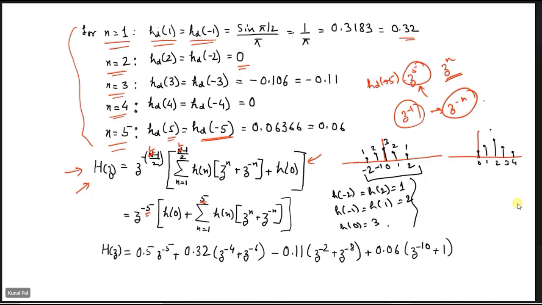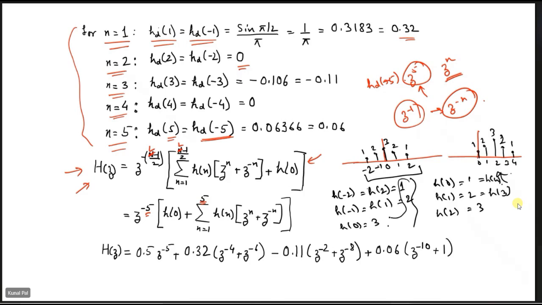So this is 3, 2, 1, 2, 1. Now we have h(0) equals 1, h(1) equals 2, h(2) equals 3, then h(3) equals 2 and h(4) equals 1. The values remain the same.